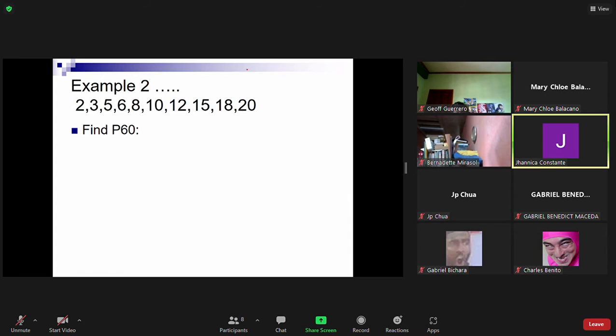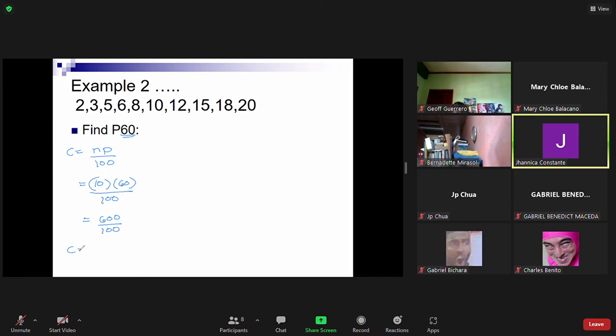So using the locator formula, which is C equals NP divided by 100, our N is equal to 10 times the percentile, which is 60, divided by 100. So we have 600 divided by 100.